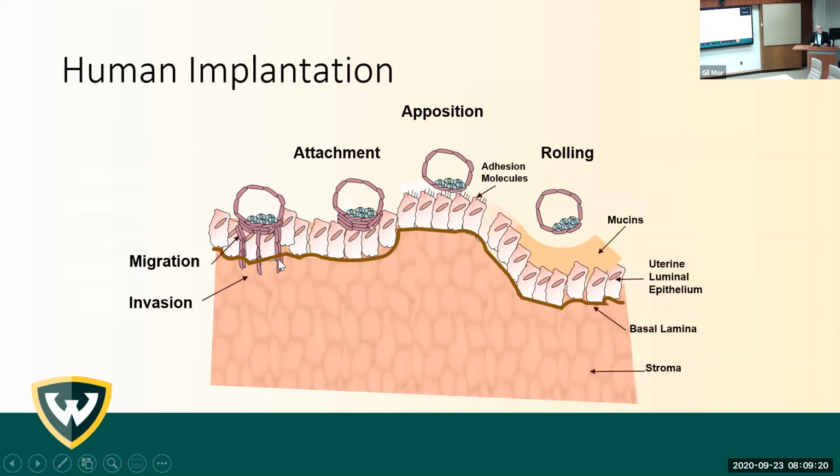So there is a phase of migration, and then we start the process of invasion. And there is an early invasion that goes through the stroma cells in the uterus. When they reach the stroma cells, when this invasion happens, now the embryo is seated within the maternal endometrium, and at that time we can say that implantation has occurred.